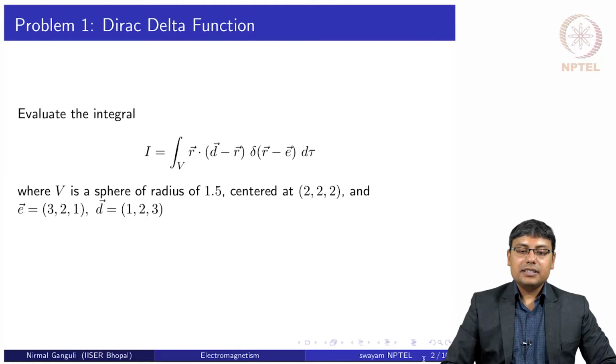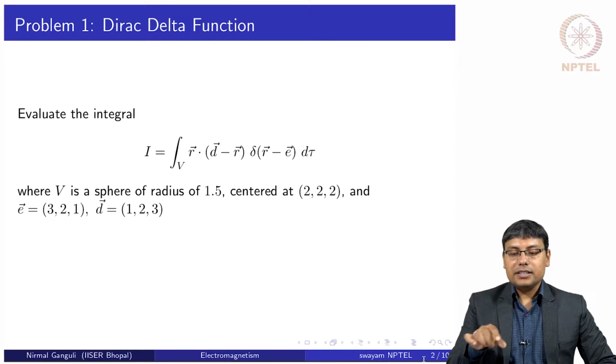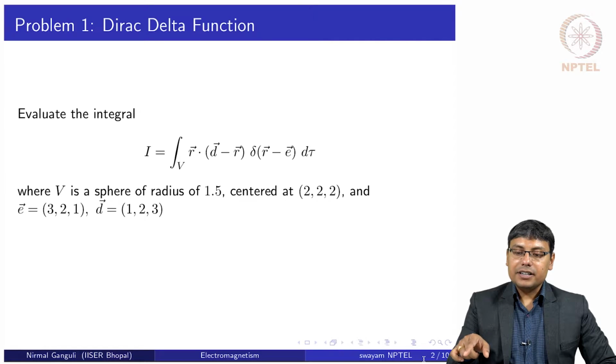Let us evaluate this integral I equals a volume integral over r vector, that is the position vector, of D dot (E minus r), the position vector, times the Dirac delta function with argument r minus E, integrated over the volume.